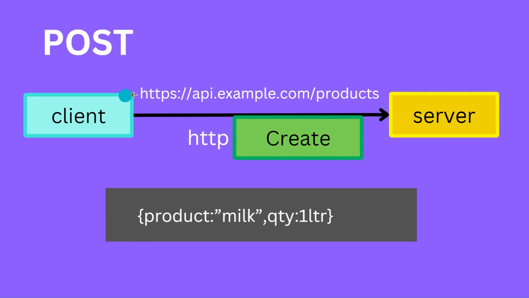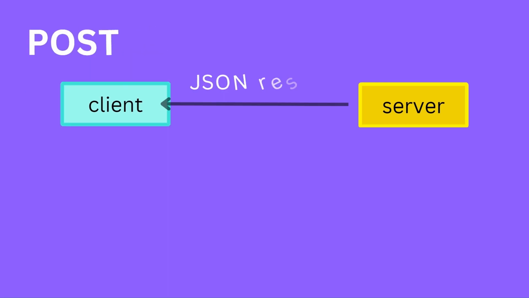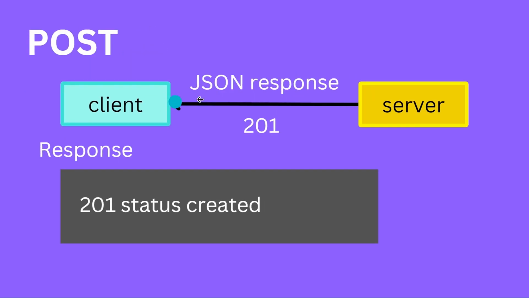Any operation we do should be done only via the URL. Now we are sending the data to the server, and the server responds back with the status code 201. If we are making any read operation, the status code will be 200, but when you are creating new data on the server it will return the status code 201.